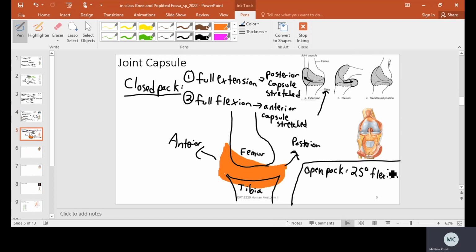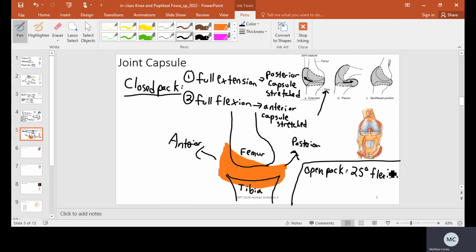If I'm testing the ACL, because what we're going to learn here on Wednesday is that the ACL is going to control anterior translation of the tibia. So if my ACL controls anterior translation of the tibia, in order to test it, I need to perform anterior translation of the tibia. Right?